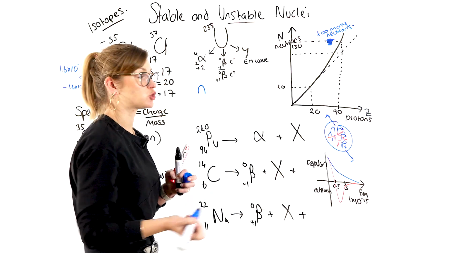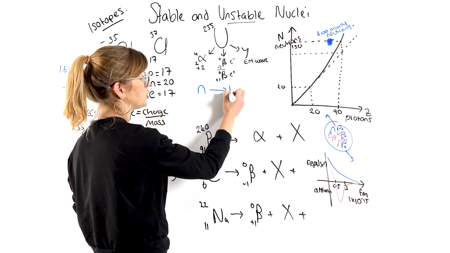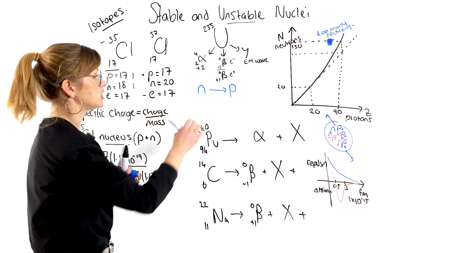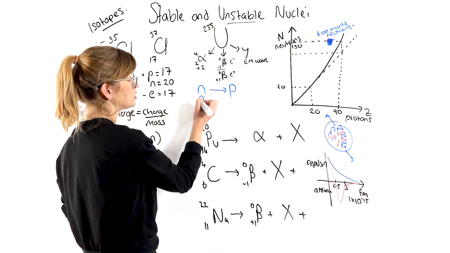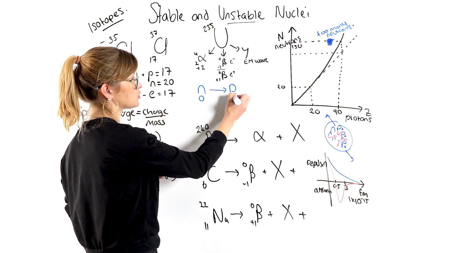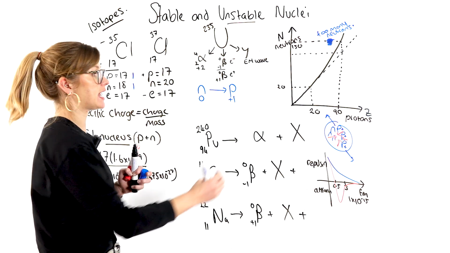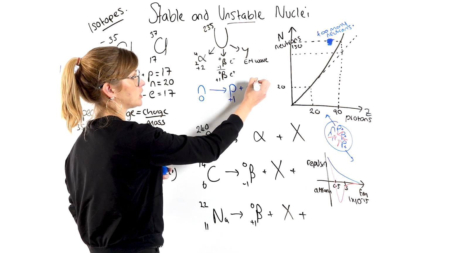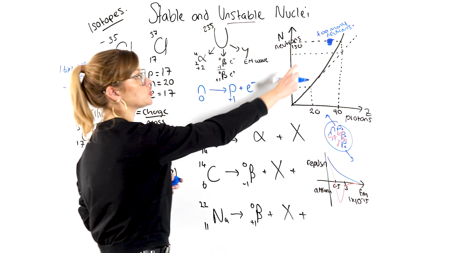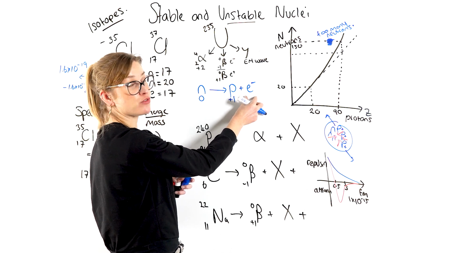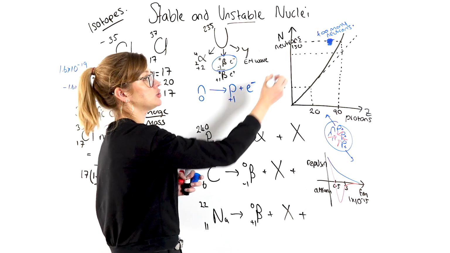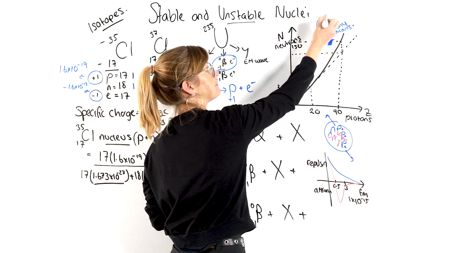The only way to get rid of the neutron is to decay it into a proton. And here we look at our charges. A neutron has 0 charge, a proton has a relative charge of +1. So to balance the charges, I need something over here to cancel out that positive charge. That's going to be my electron. So if there's too many neutrons, we're going to emit a fast-moving electron from the nucleus, and that is our beta minus decay. So if there's too many neutrons, we're going to get beta minus decay.